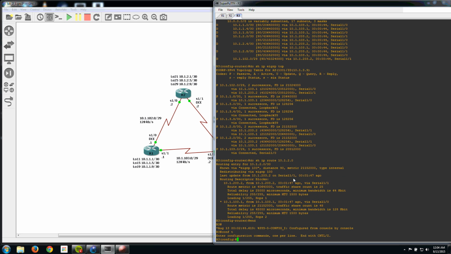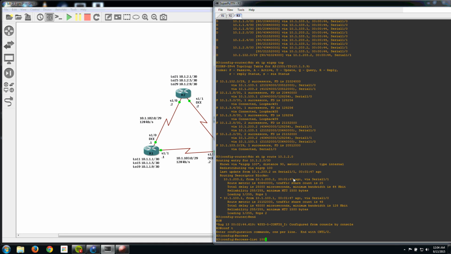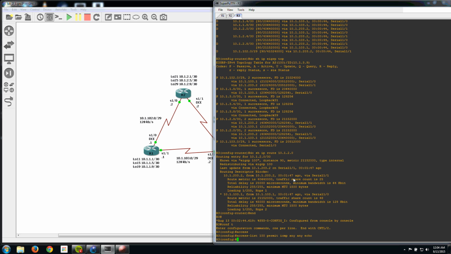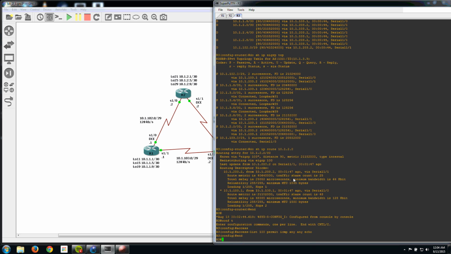It's just a simple ACL to permit pings going through. So we're going to do access-list 100 permit ICMP any any echo. Easy enough.